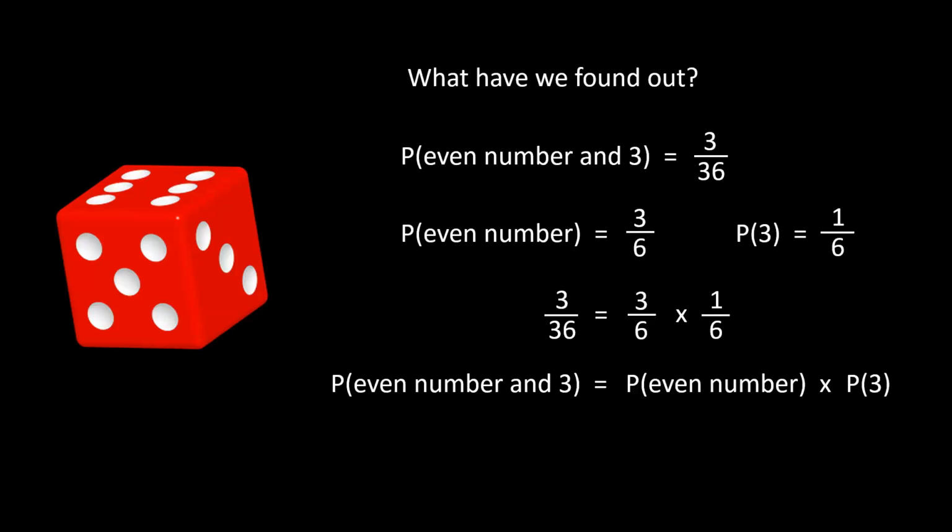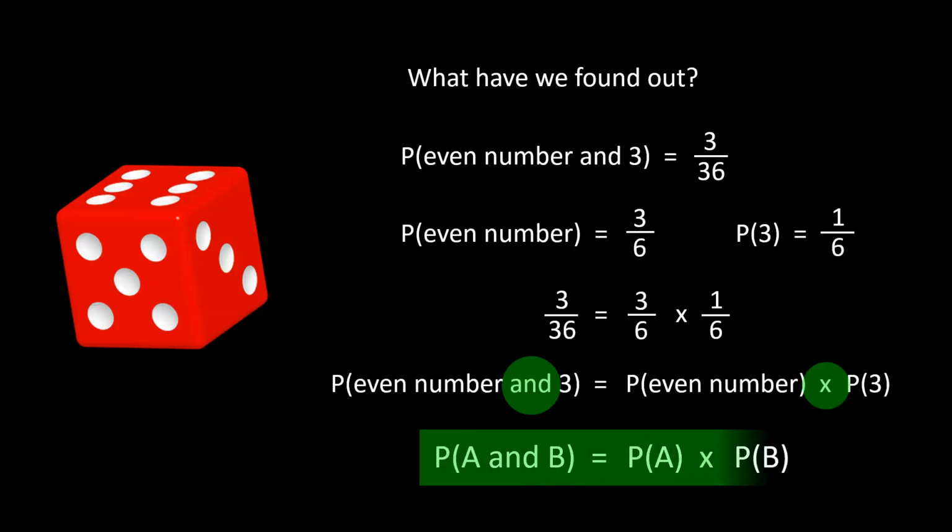So we could say that the probability of getting an even number and a 3 is the same number as the probability of getting an even number multiplied by the probability of getting a 3. So and in probability equates to multiply, or times. Remember that. And now we'll write that in a mathematical kind of way. The probability of A and B is the probability of A times the probability of B.